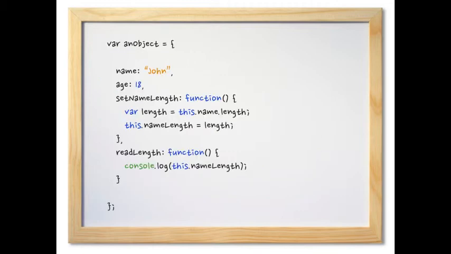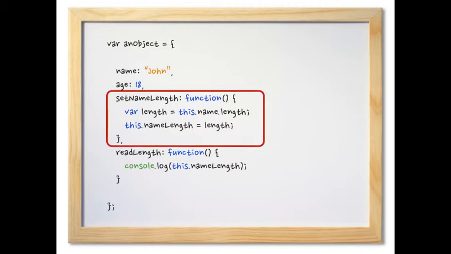And it's the exact same thing when creating a function as a property of an object. In this example, there are two different functions, the setNameLength function and readLength function. The variable inside the setNameLength function here, length, is only available within the function scope.